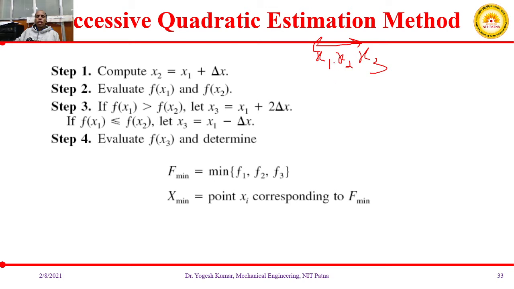So say the difference between x1 and x2 is delta, then the difference between x2 and x3 should also be delta. This may be minus or plus, it does not matter, but the value should be the same. One will be positive and another will be negative, or this may be x1 minus x3 equal to delta. Either of these two distances must be the same. Then only we can say that these 3 points are located at equal distances.